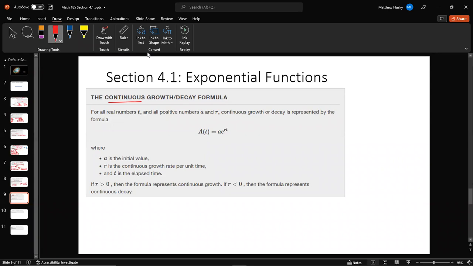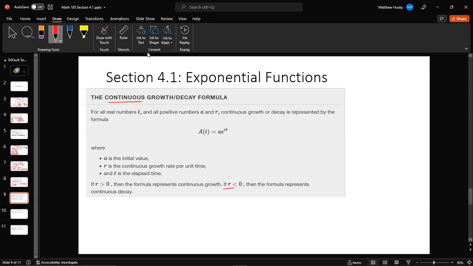Radioactive decay is something where you have a bunch of it all at once, and then as time passes, the radioactivity dissipates, and after a while, it's no longer a danger, for instance.